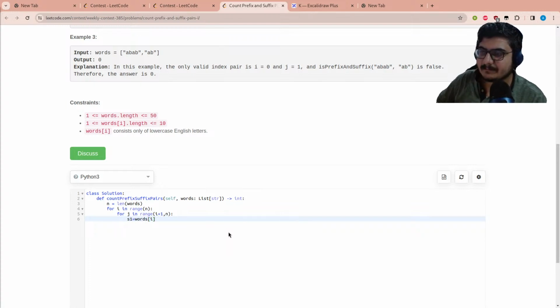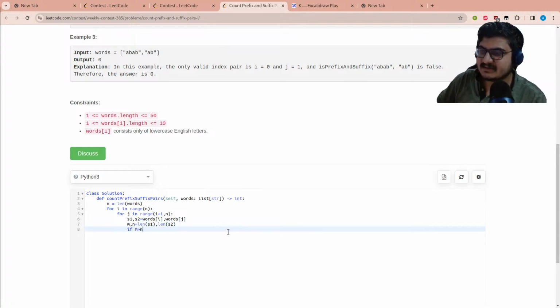S1 is the word. Now let m be the length of S1 and n be the length of S2.